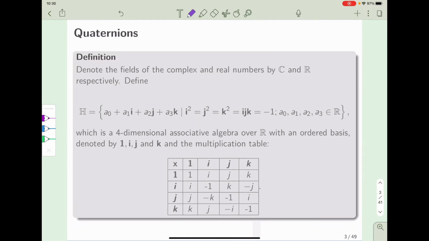First of all, what is a quaternion? Concisely speaking, it is a four-dimensional associative algebra over the real numbers, with an ordered basis denoted by 1, i, j, and k, and the multiplication table defined as follows.